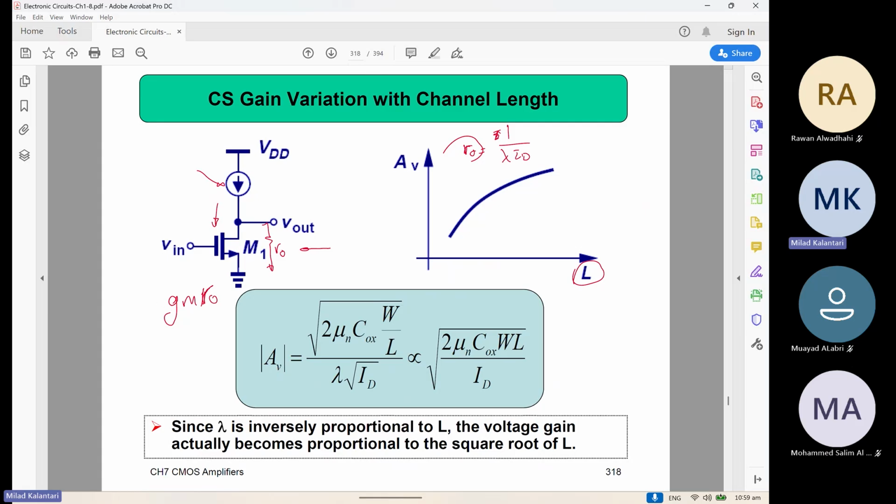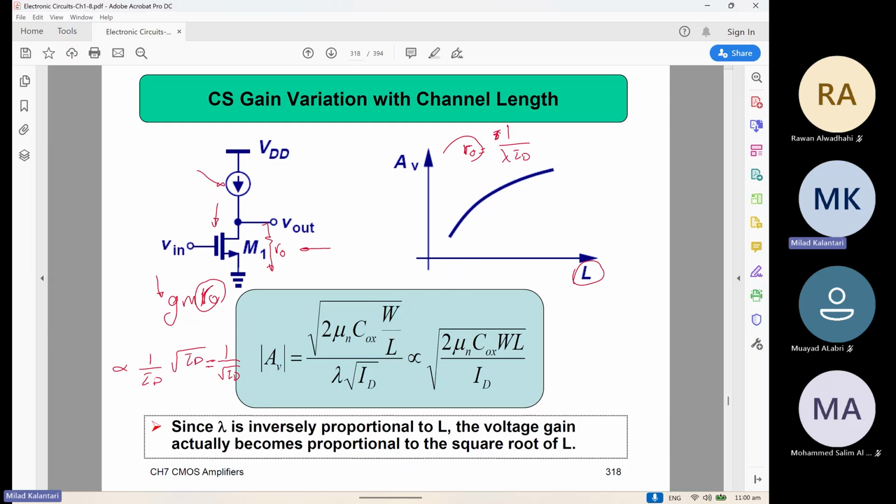This is the maximum intrinsic gain of the device. But if you increase the current, ro will be reduced by a factor of ID. On the other hand, gm will increase, but only by a factor of the square root of ID. So overall, for these devices, the gain drops once you increase the ID.